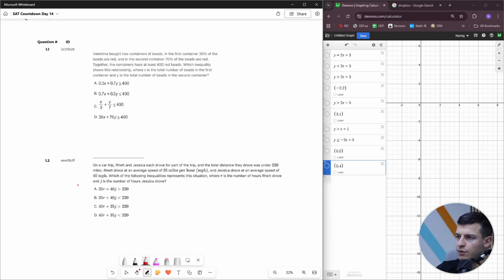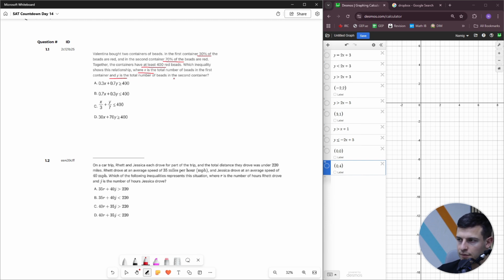So the first one says Valentina bought 2 containers of beads. In the first container, 30% of the beads are red. In the second container, 70% of the beads are red. Together the containers have at least, remember the keywords, at least 400 red beads. Which inequality shows this relationship, where X is the total number of beads in the first container and Y is the total number of beads in the second container?